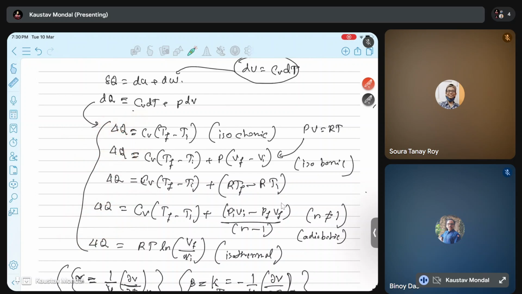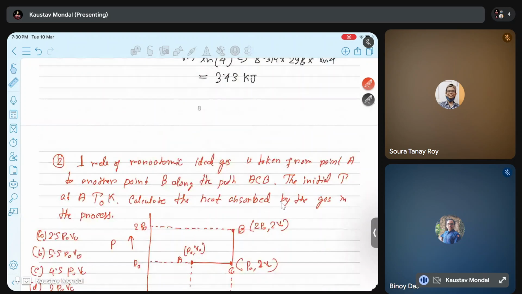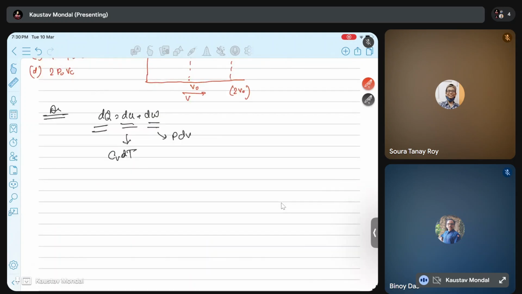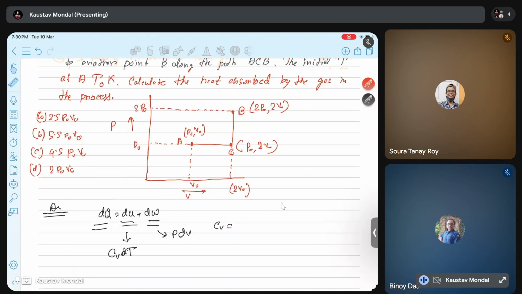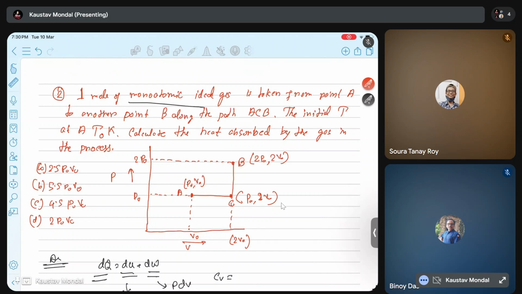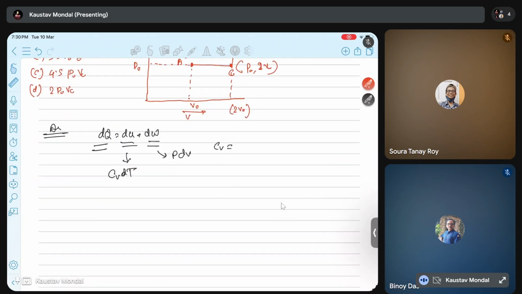We will use that for our benefit here. One thing that is also needed is the Cv. What is the value of Cv? This is a monoatomic gas, so as it's a monoatomic ideal gas, we know Cv is basically 3 by 2 R, right?